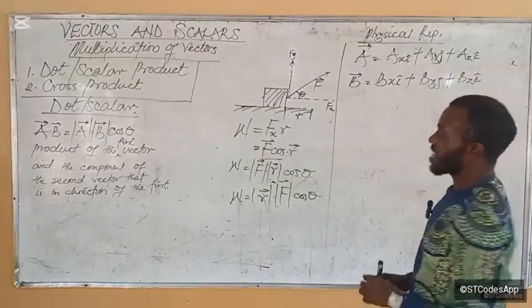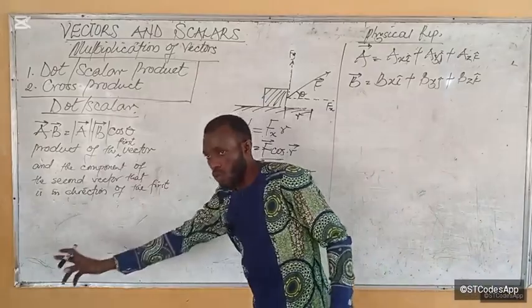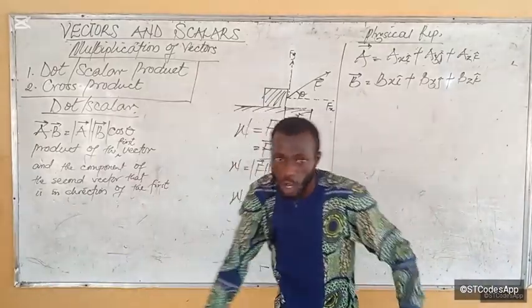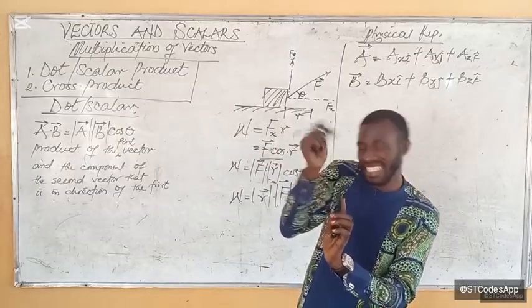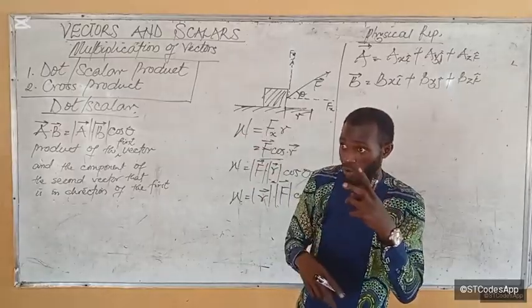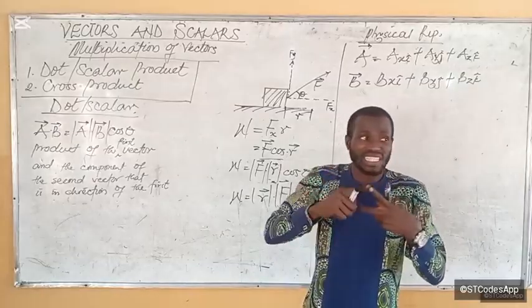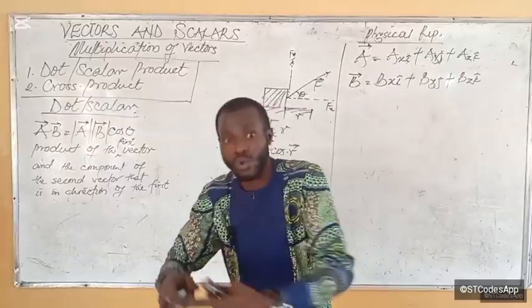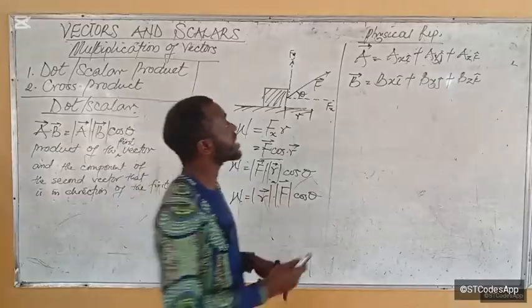Now, remember that I said it is the component of the first vector times the component of the second vector that is in direction of the first vector. There will be two components of the second vector. So it is the component that is in direction of the first vector that will multiply together. That is dot product.